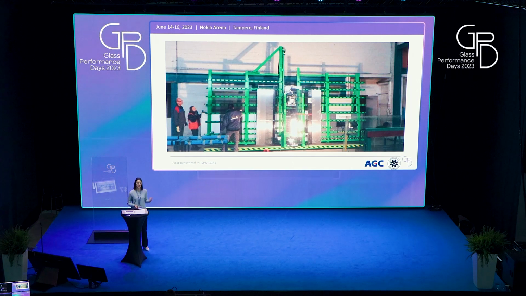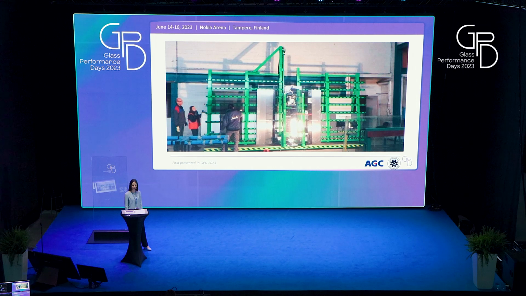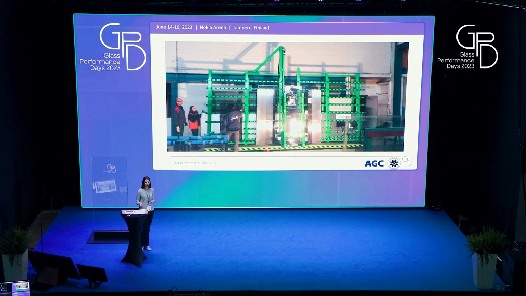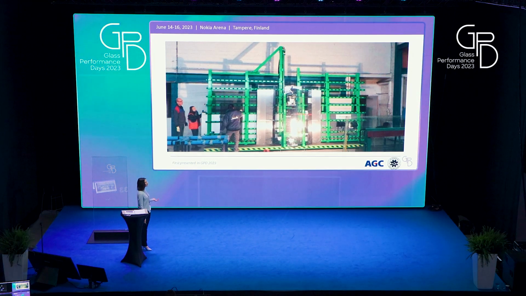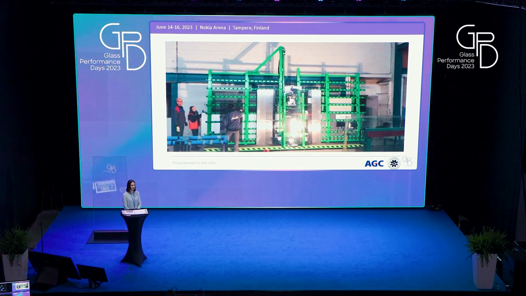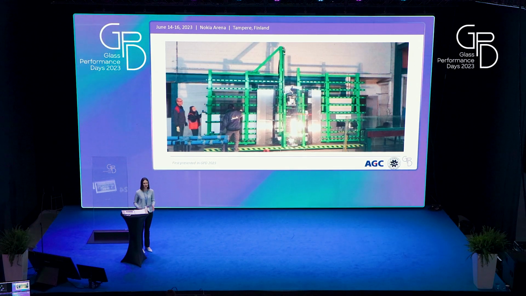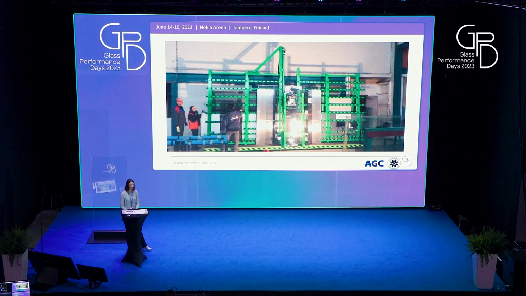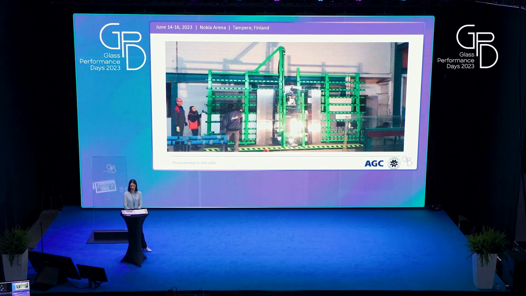With this purpose, AGC and EGLA have developed the disassembling machine shown in the picture, which is able to separate the glass panels from the other components of the IGU, so the sealants and the spacer. If you want to know more about this machine, you can follow the presentation given by Marco Zaccaria tomorrow at the same stage and at the same time. So we can meet here tomorrow to learn more about this disassembling machine.